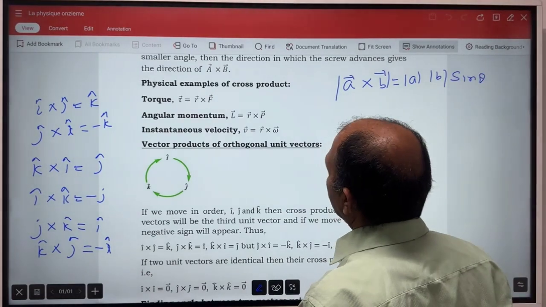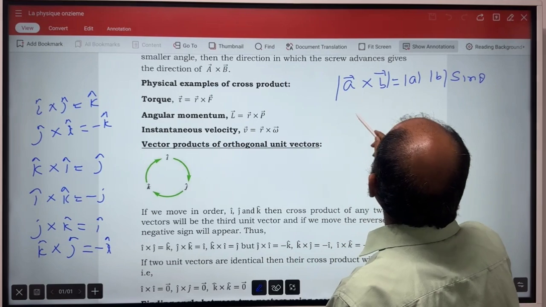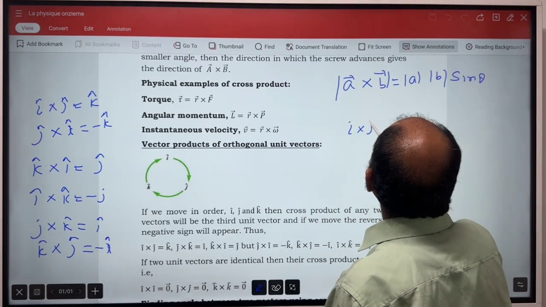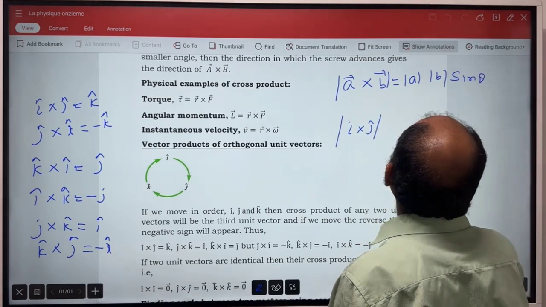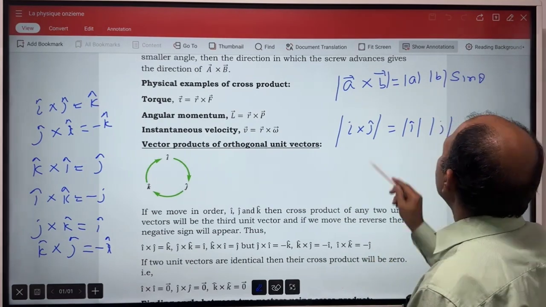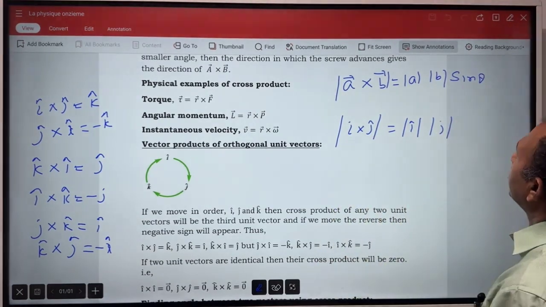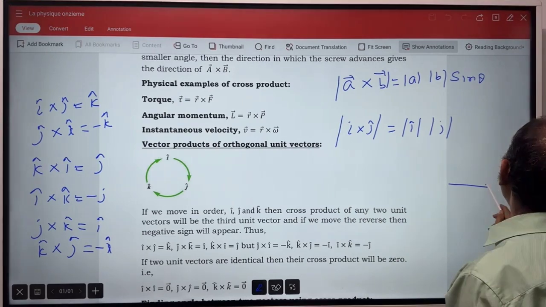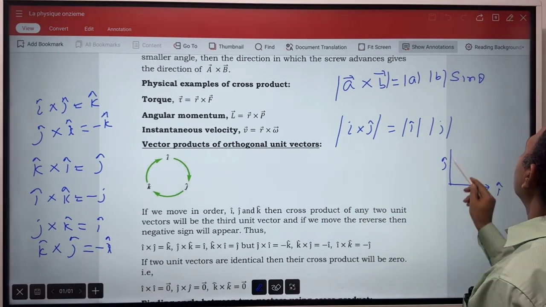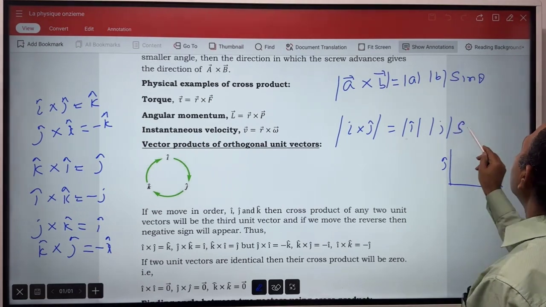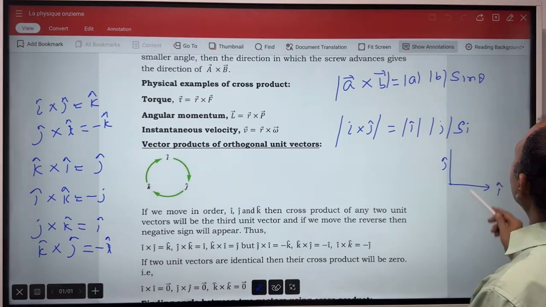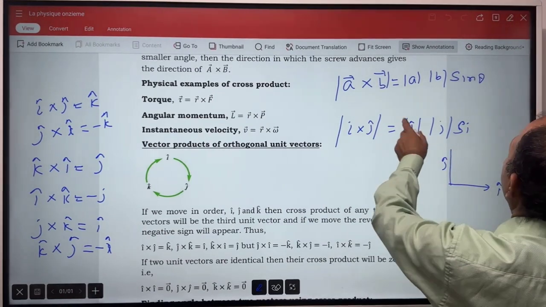So if we take two unit vectors, suppose i cross j, it will be modulus i modulus j times sine of the angle between the two. What is the angle? i cap is along the x-axis and j cap is along the y-axis, so definitely the angle will be 90 degrees. Sine 90 degrees is 1, so we get the next vector.